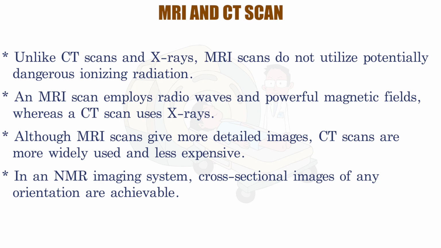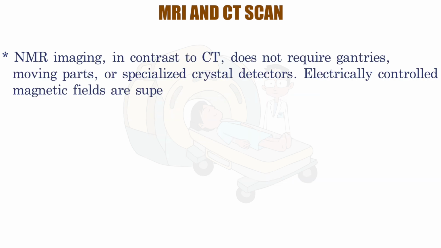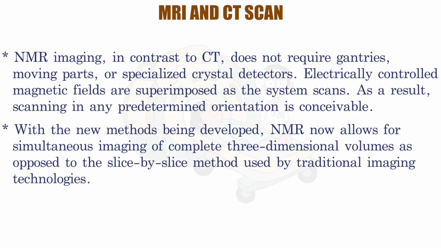Although MRI scans give more detailed images, CT scans are more widely used and less expensive. In an NMR imaging system, cross-sectional images of any orientation are achievable. NMR imaging, in contrast to CT, does not require gantries, moving parts, or specialized crystal detectors.